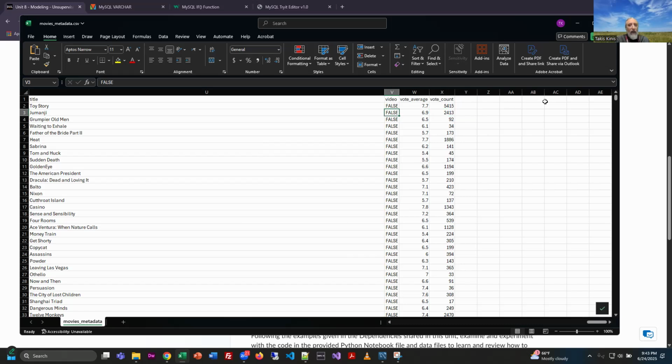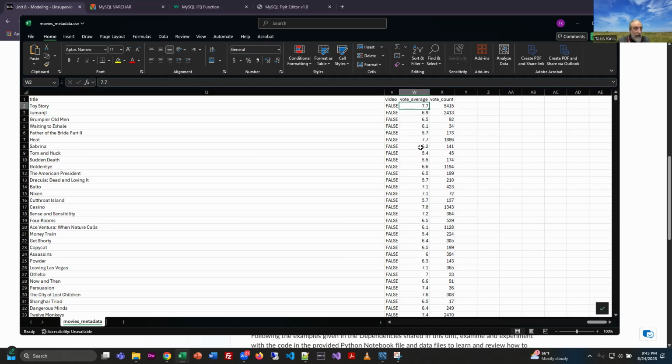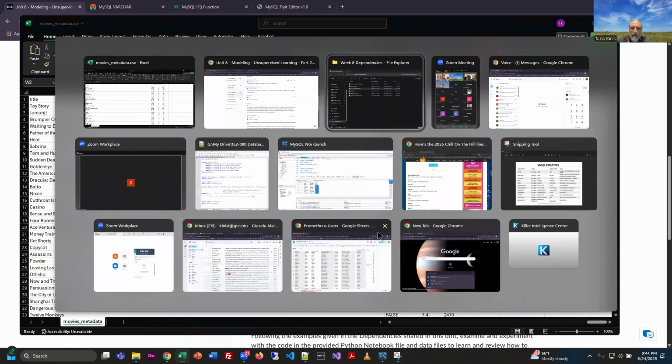But you'll notice that at the far end there are some data columns like what people voted, and this is on a 10-point scale. This is IMDb, a rating scale from an independent website, and how many people voted on it. That's pretty pertinent information.